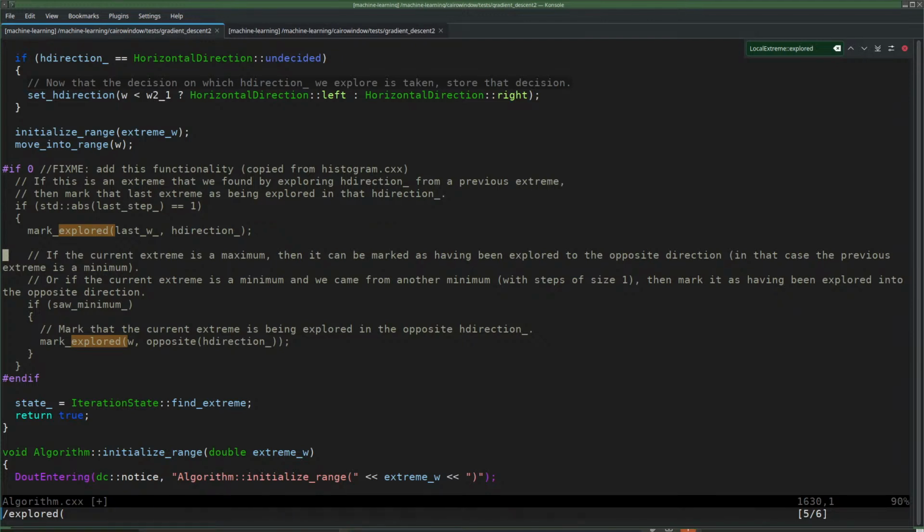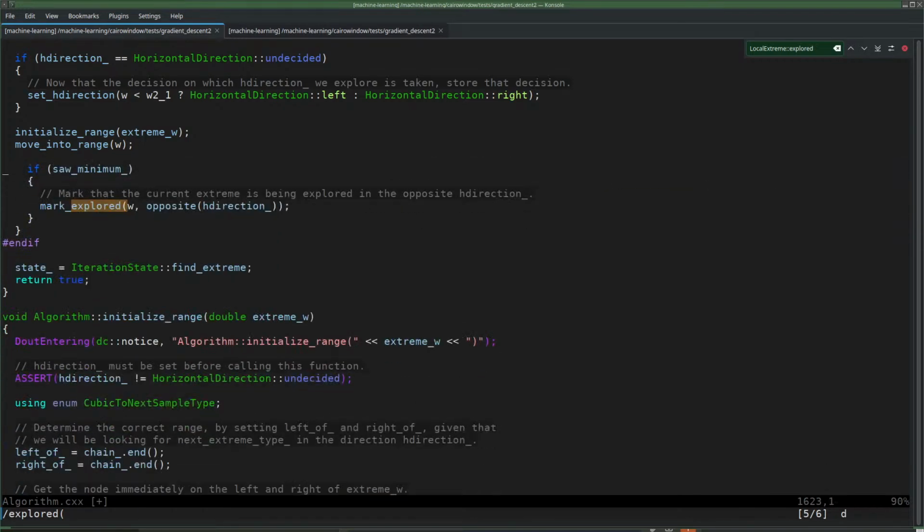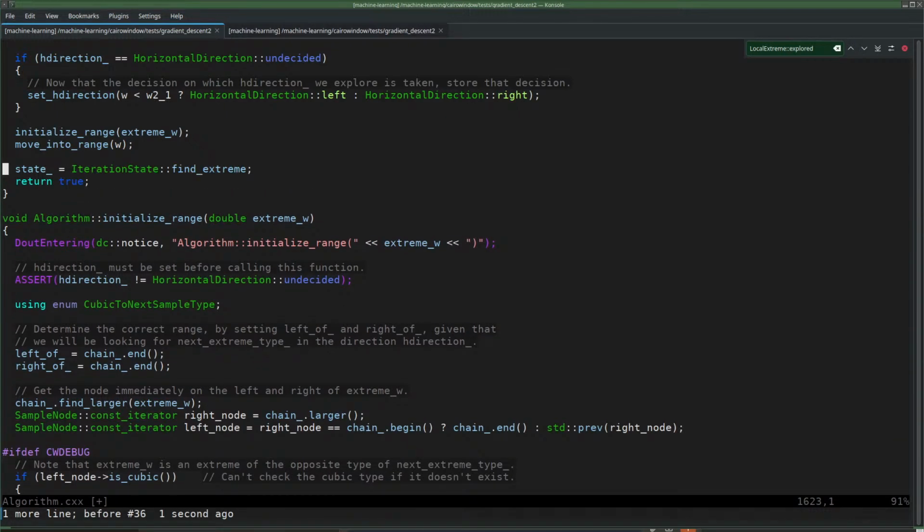If the current extreme is a maximum, then it can be marked as having been explored to the opposite direction. In that case, the previous extreme is a minimum. Or if the current extreme is a minimum, we came from another minimum, steps of 1, then mark it as having been explored. So we just did this. Just delete it.